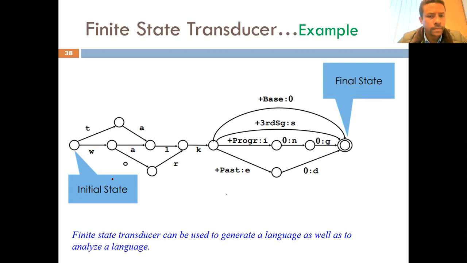The first one is the state, the initial state, and then the transitions. The second one is the state. And you can see the input. Can you give me a word that can be generated from this finite state model?